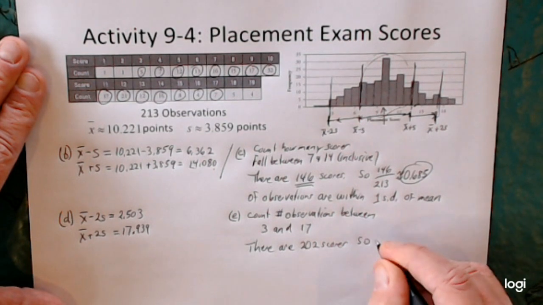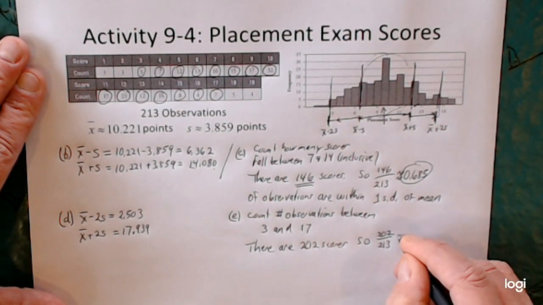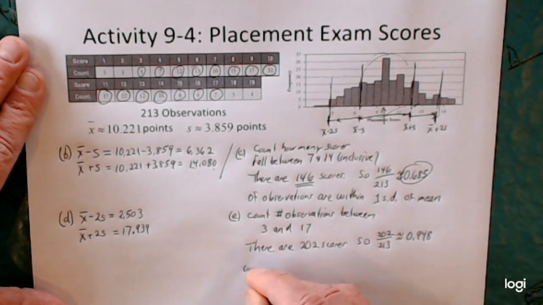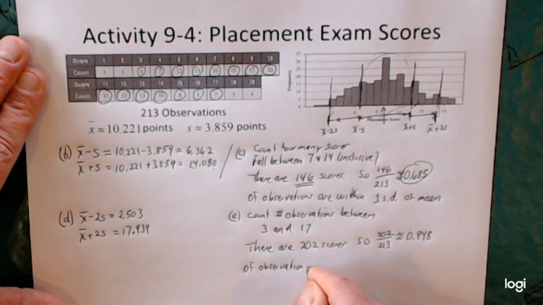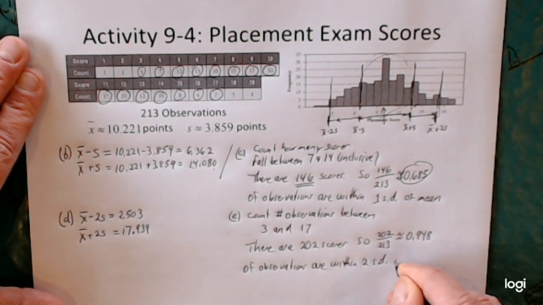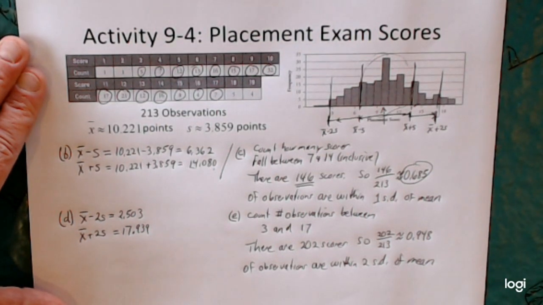And so 202 over 213, or about 0.948 of observations are within 2 standard deviations of the mean. Okay? That makes sense? All right.